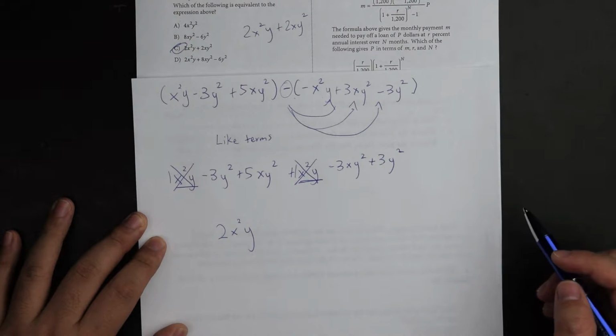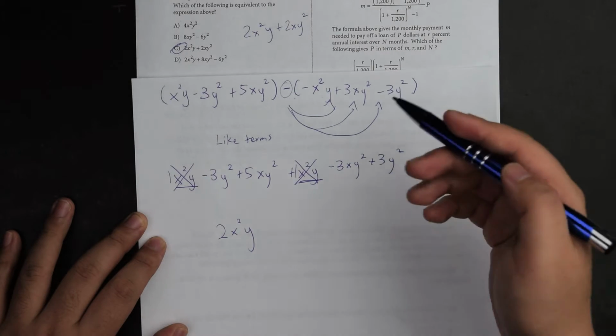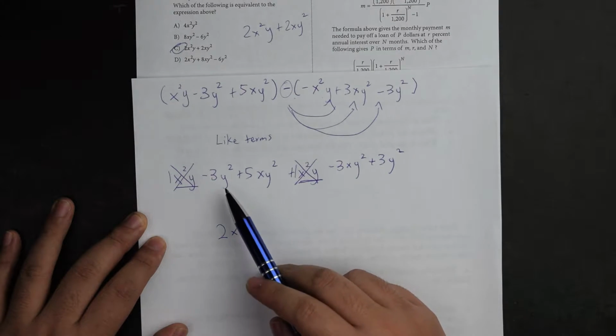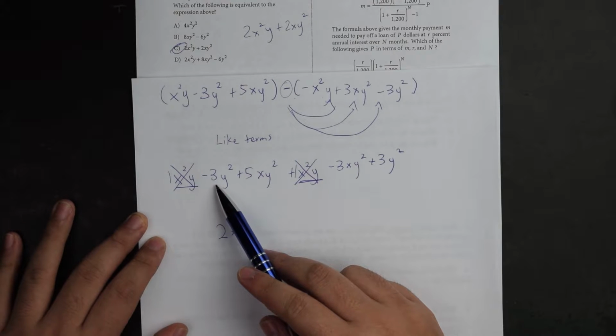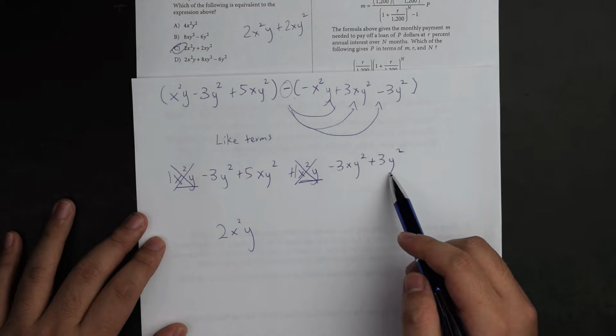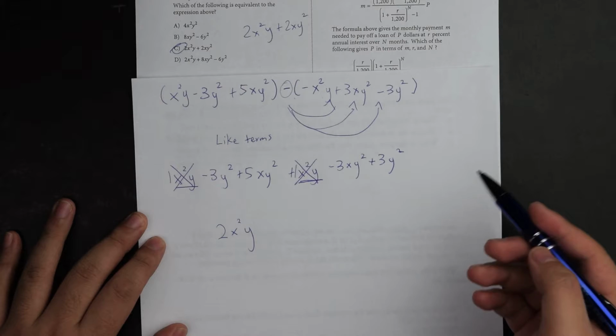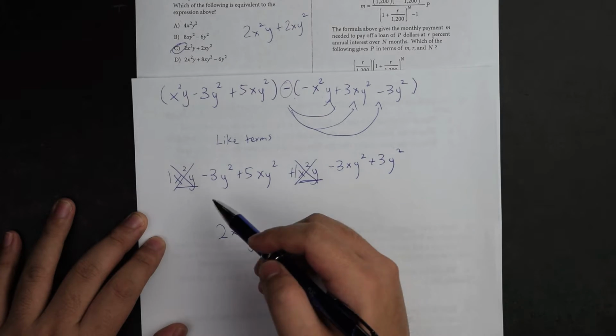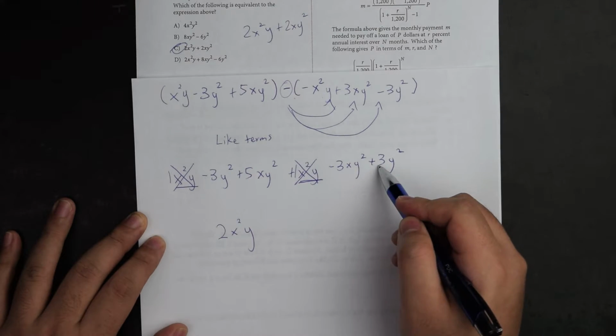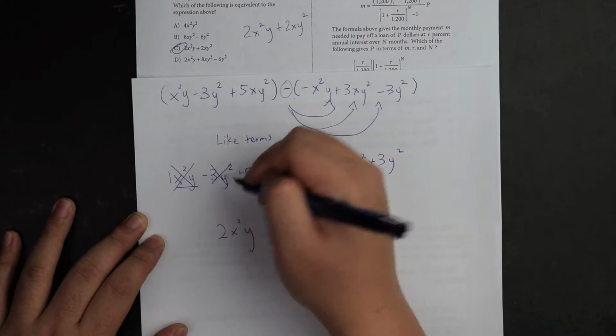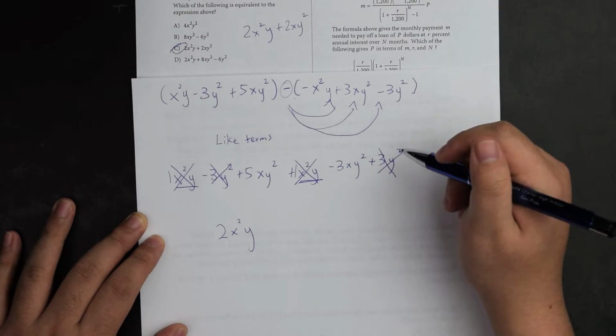Okay? And so the next thing I notice is this. I see a negative 3y squared and I see a 3y squared right here. And so the important thing for me to do when I'm doing this question is that I need to realize that this negative and this positive cancel out, and I don't need to write this down. They simply cancel out.